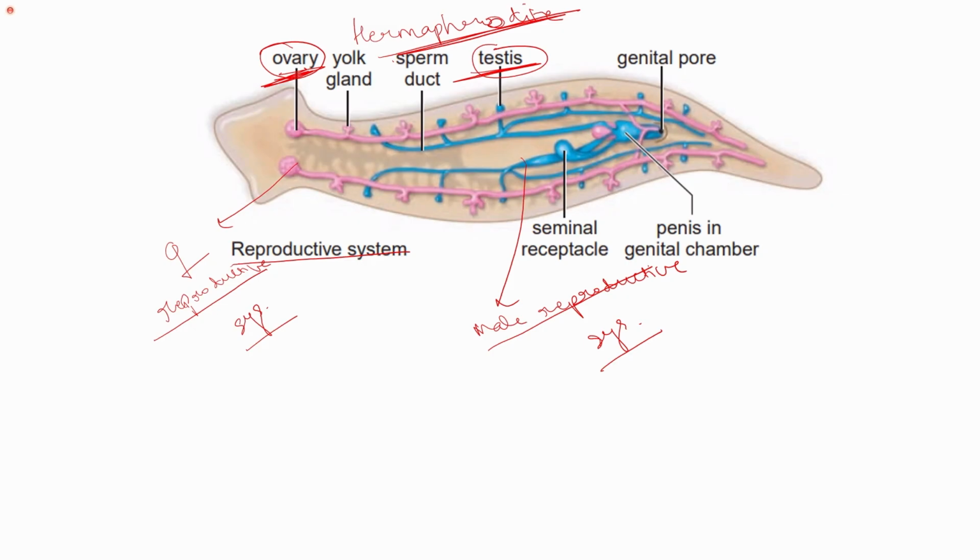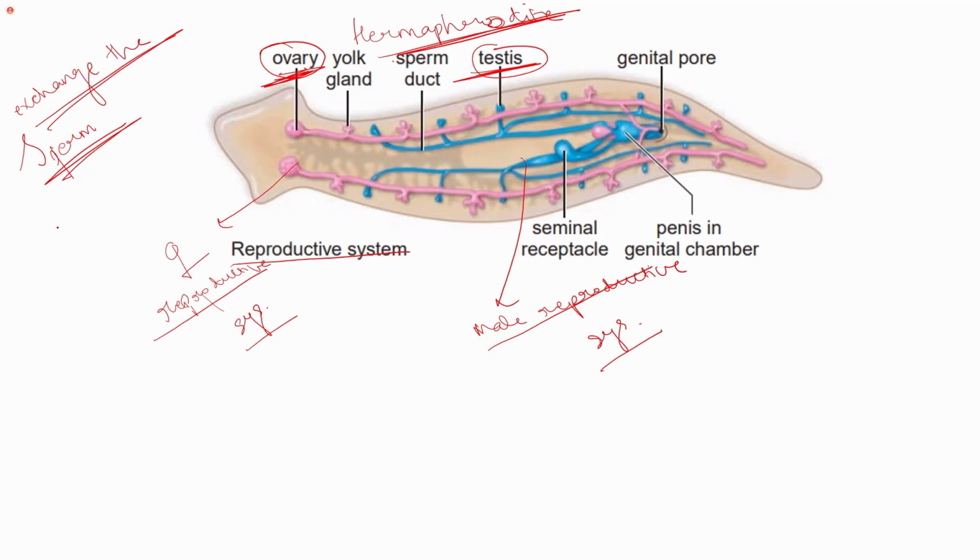The other interesting part is about the cross-fertilization we see. How is this cross-fertilization possible? It is possible because during mating, when two planarians mate, they exchange the sperm, and afterward, each planarian can produce eggs.